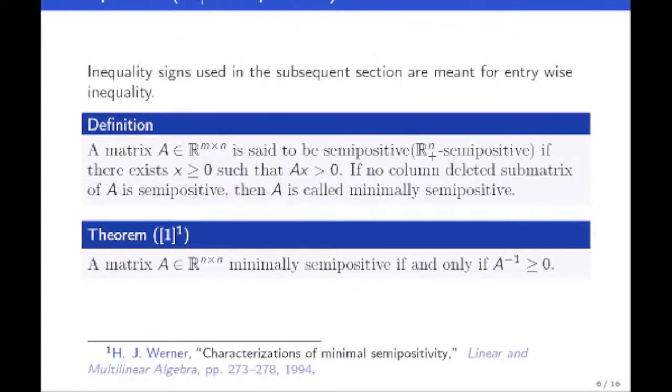Now, if A is a semi-positive matrix with no column-deleted submatrix being semi-positive, such matrices are called minimally semi-positive. A well-known fact about minimally semi-positive matrices is that the square minimally semi-positive matrices are the inverse non-negative matrices.